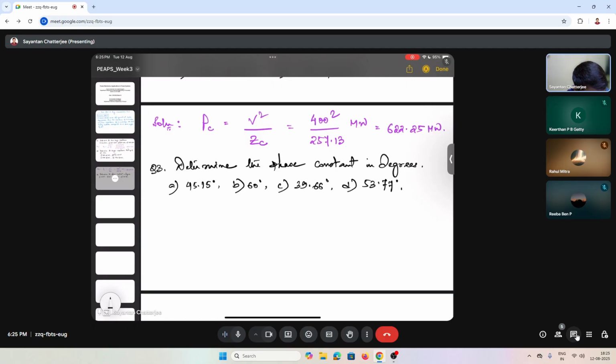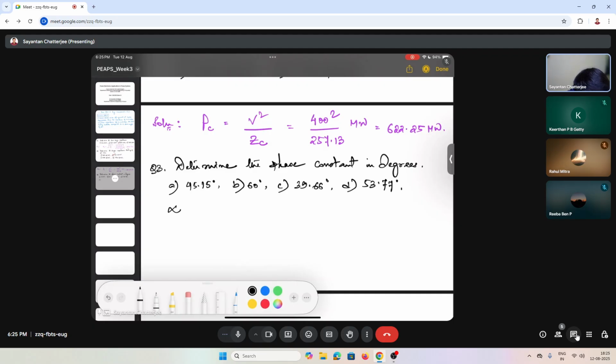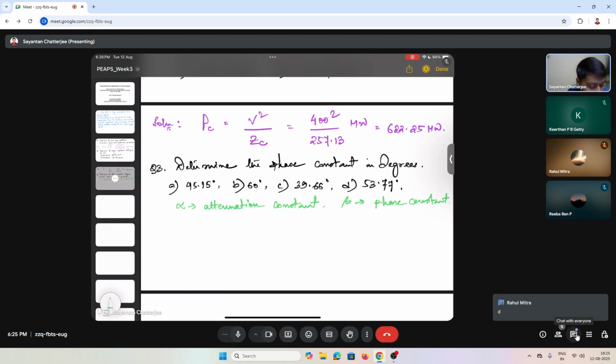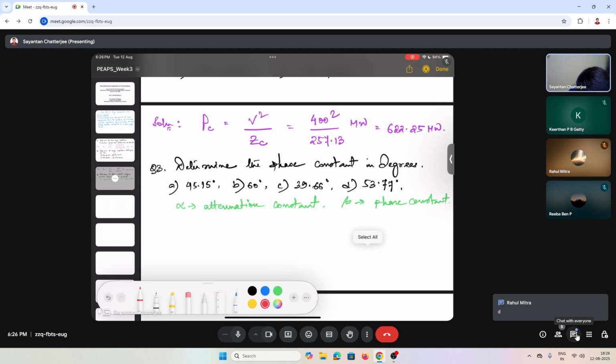Alpha is attenuation constant and beta is phase constant. D, yes, D is the correct answer.